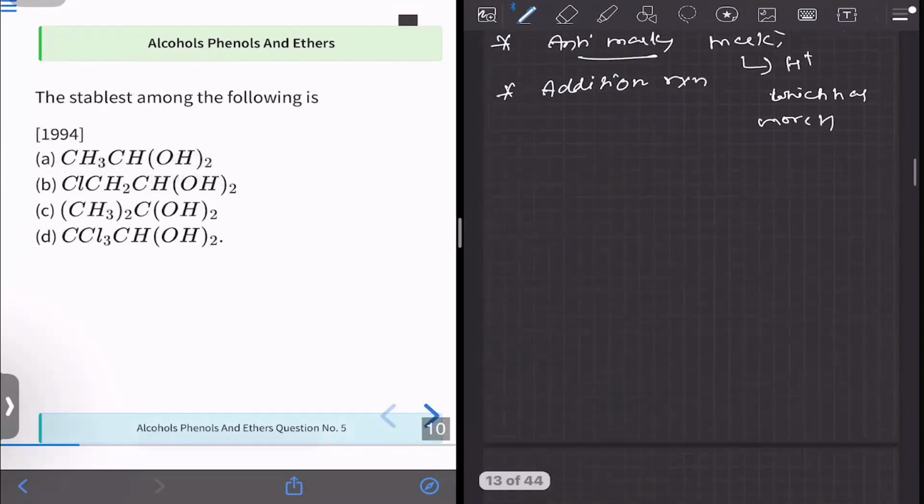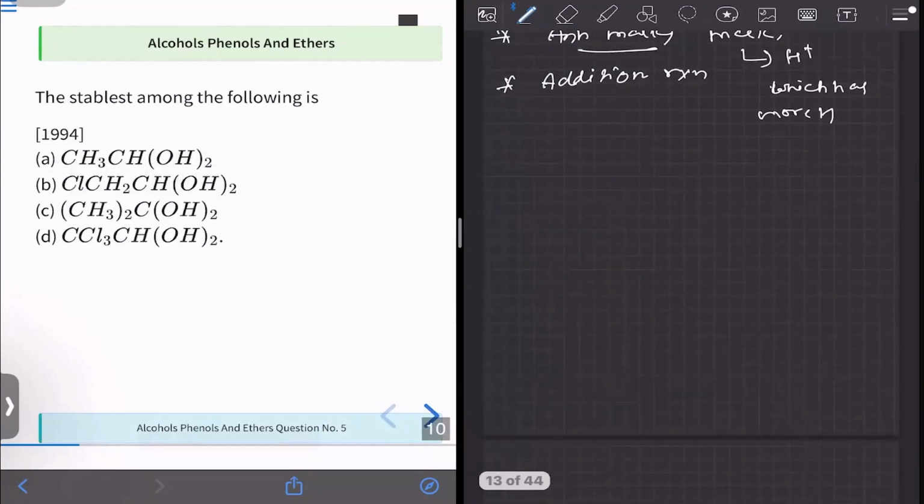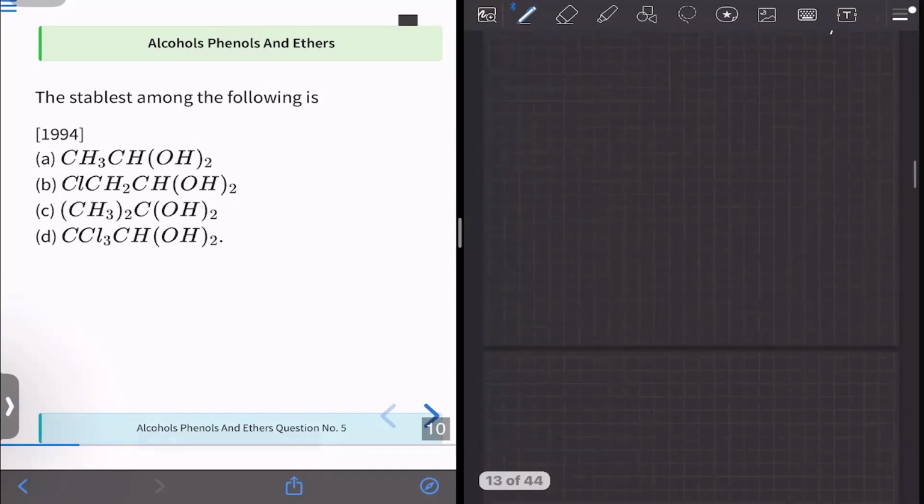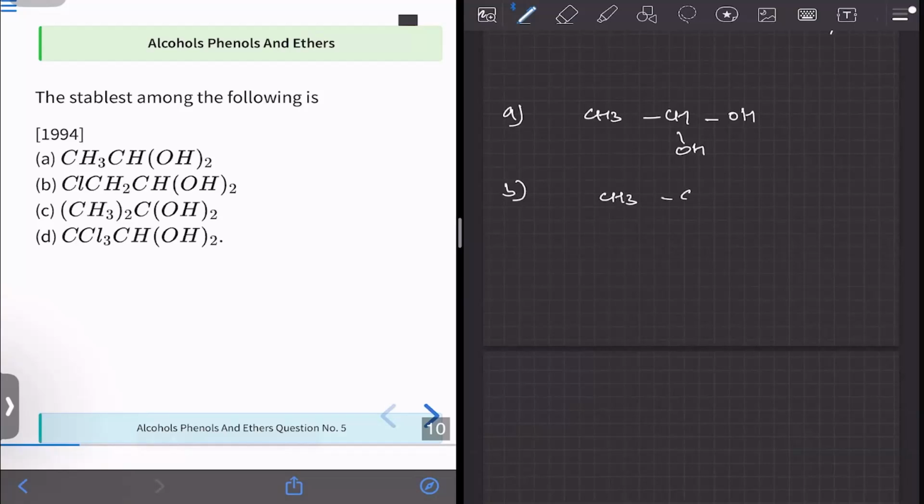Next one. They're asking for the most stable among the following. What is option A? CH3CH(OH)2. Option B. CH3CHCl... CH(OH)2.